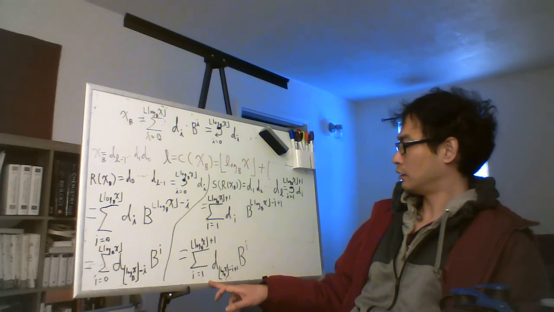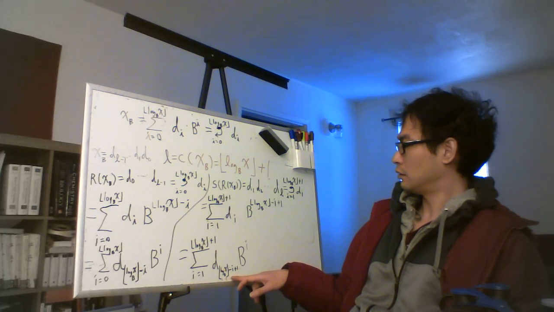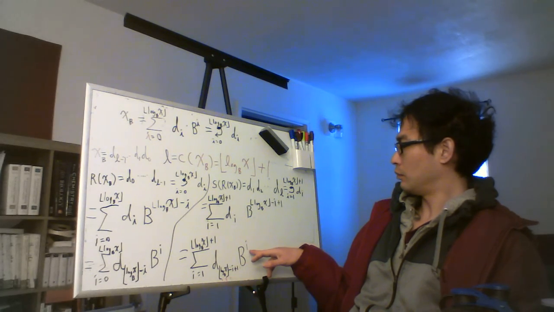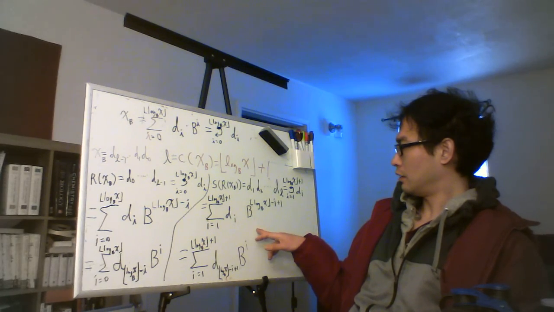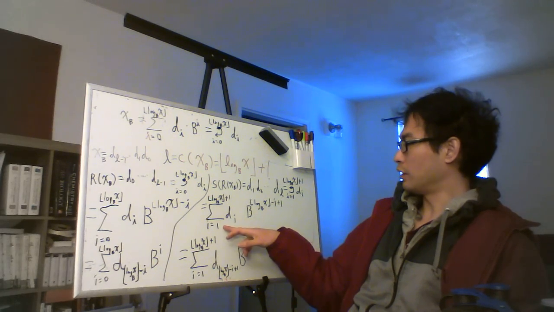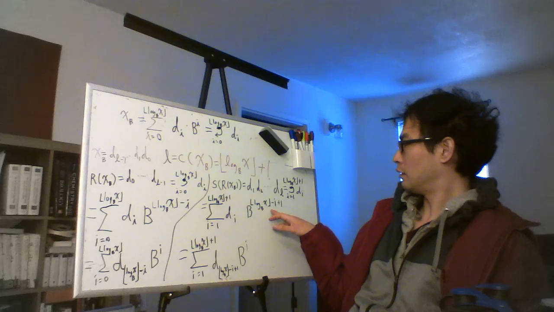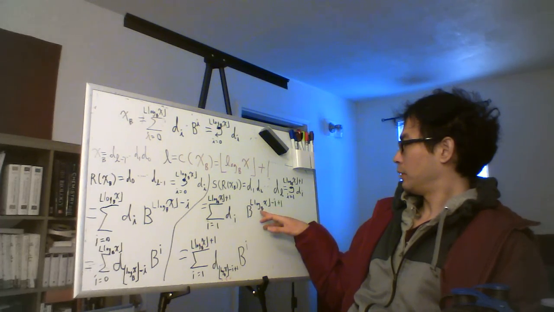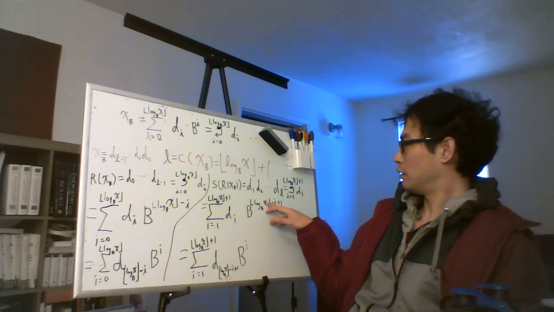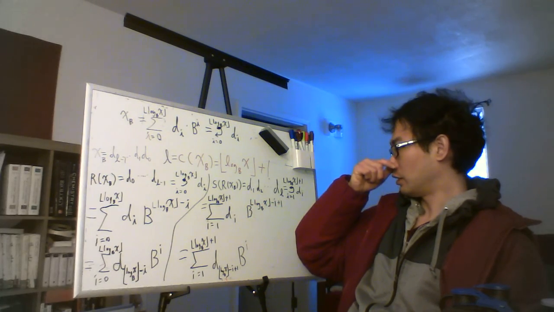When i is 1, the floor, and b to the first. That does not look right. When i is 1 here, b to the length minus 1.